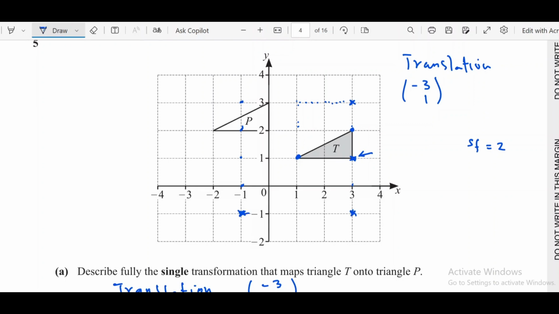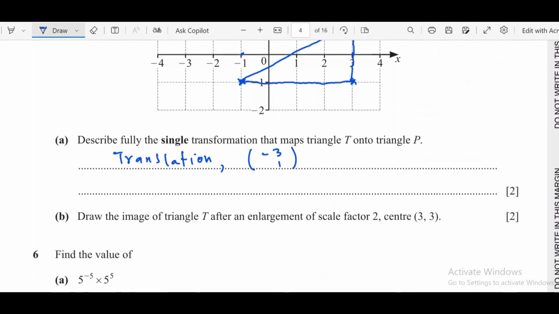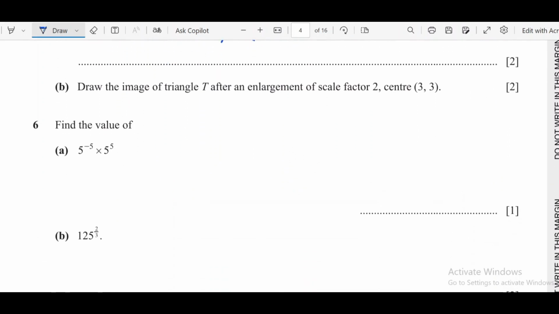Okay, so we can connect to this place. We'll draw here, and so this is the image, and now we want to look at the coordinates. Of course, we have seen the image and we can see the coordinates. What we are asked to do is to draw the image, which we have drawn using the center 3, 3 and the scale factor. Let's go to question number 6.